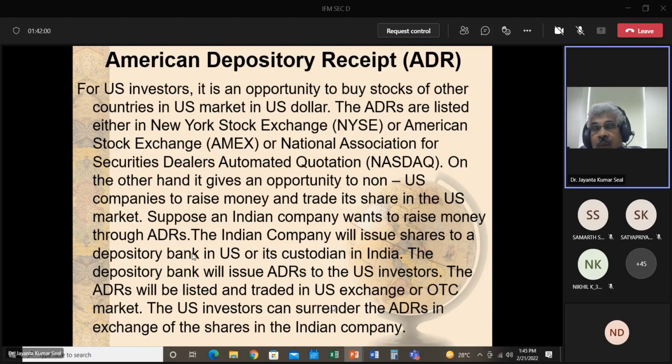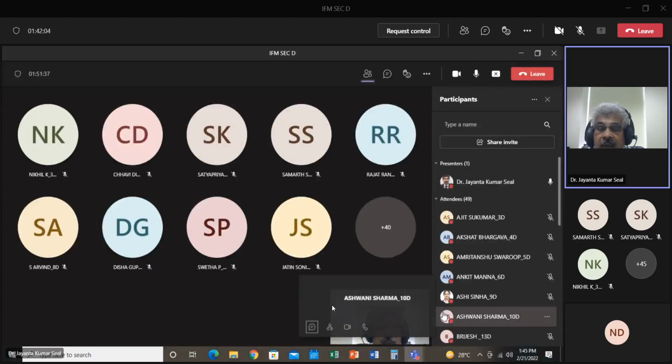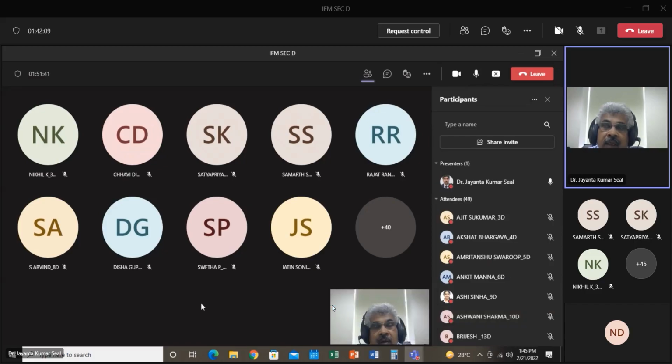Suppose an Indian company wants to raise money through ADRs. The Indian company will issue shares to a depository bank. I told you earlier about that depository mechanism. So how it is done, let me tell you. Suppose today one Indian company wants to issue ADRs. It will find a US bank or a subsidiary of an Indian bank there, and issue the shares to that bank, which is called a depository bank. Now this bank will convert the shares into ADRs.